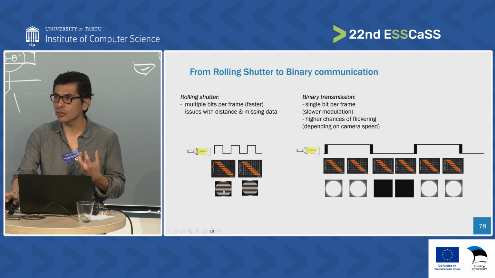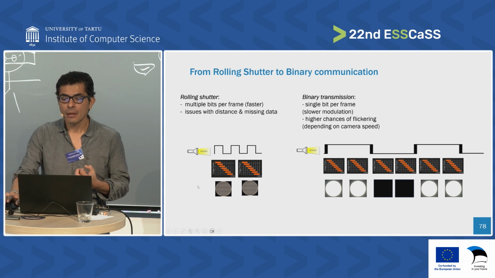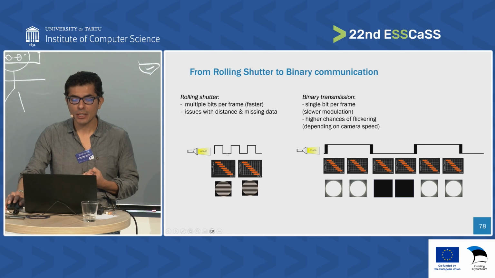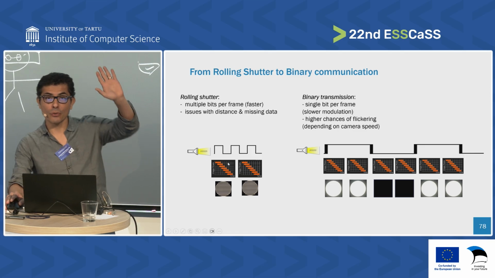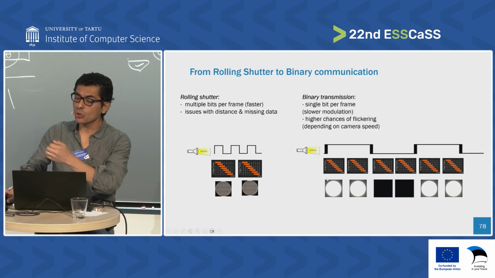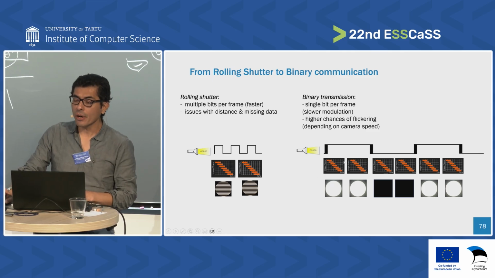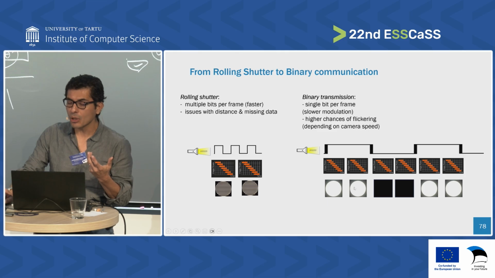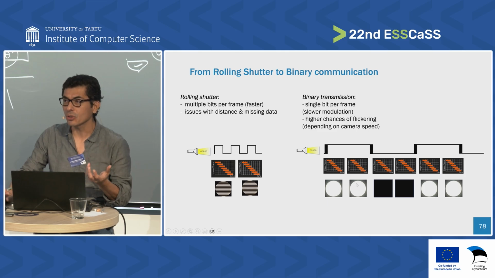So the density is going to be higher. The problem is, as we mentioned, that sometimes you cannot send longer packets, because if you're far away, you will not capture that. And the second answer that you gave was right. Longer packets is going to be with this binary transmission or full frame approach, because now you are not missing information. So that's the trade-off.